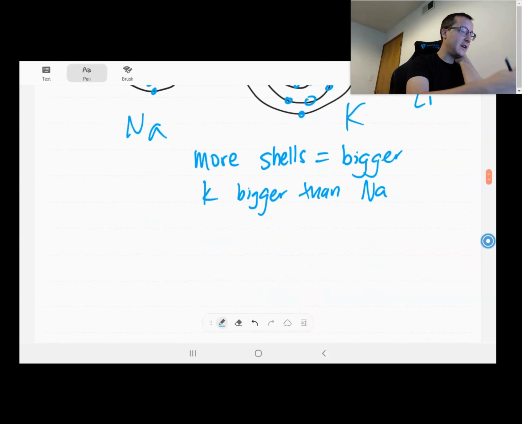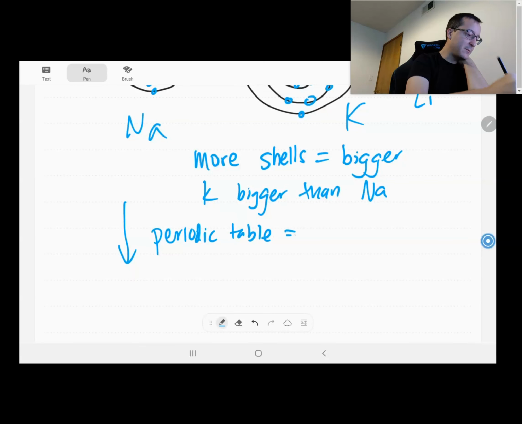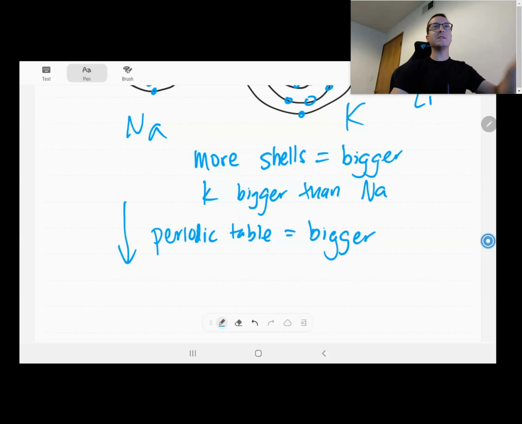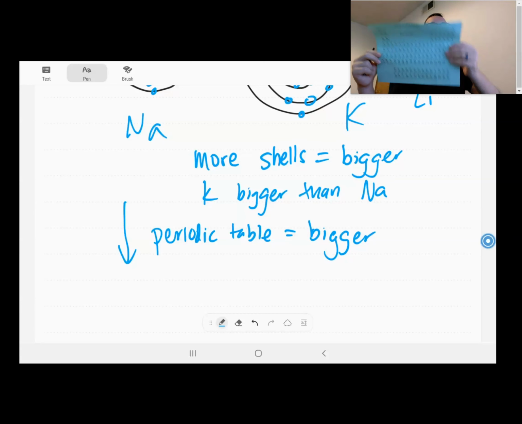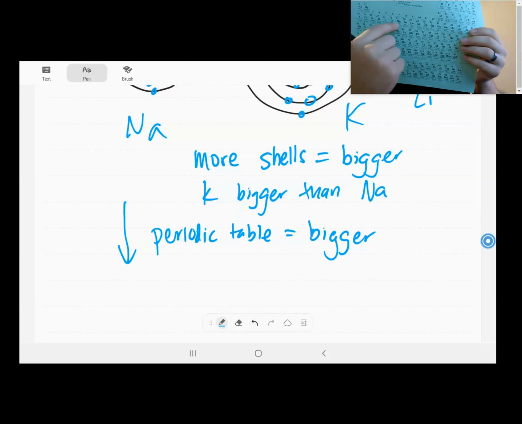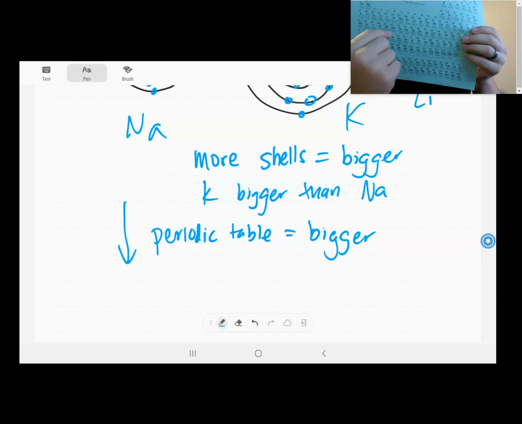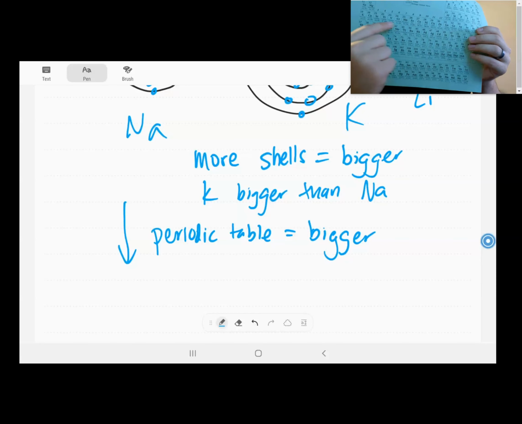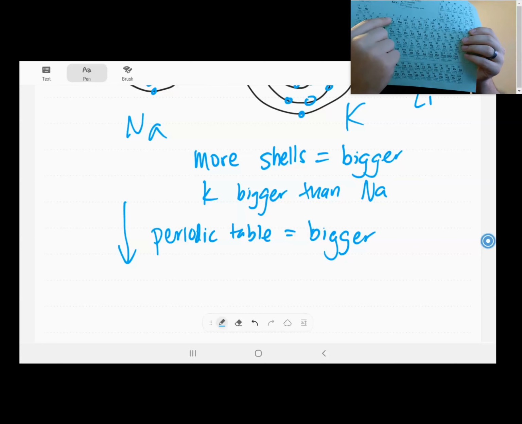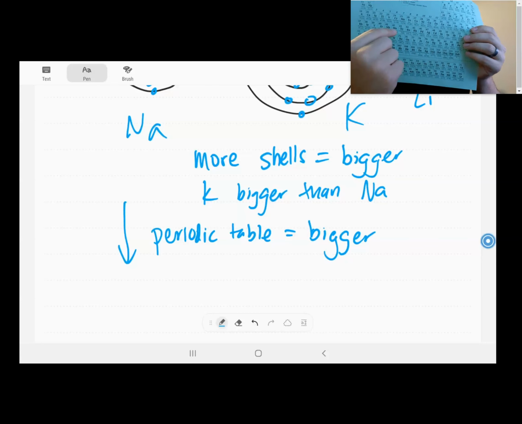So if we go down the periodic table, that means our atoms are getting bigger. Whenever we're comparing elements, we just take a look at the periodic table. If we were to compare manganese and technetium, we're going to say that manganese is smaller than technetium is. So every time you go down on the periodic table, you are getting bigger.